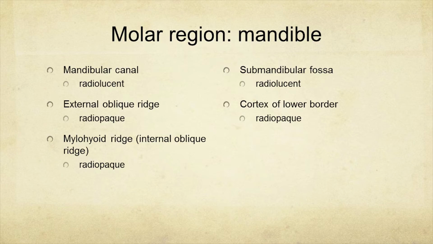This is an example of a molar region. In your molar region, you have a mandibular canal which appears radiolucent, your external oblique ridge, which is radiopaque, your mylohyoid ridge, which is radiopaque, and your fossas. All your fossas are going to be radiolucent. In this case, you will have a submandibular fossa, and your lower border of the mandible again is radiopaque.